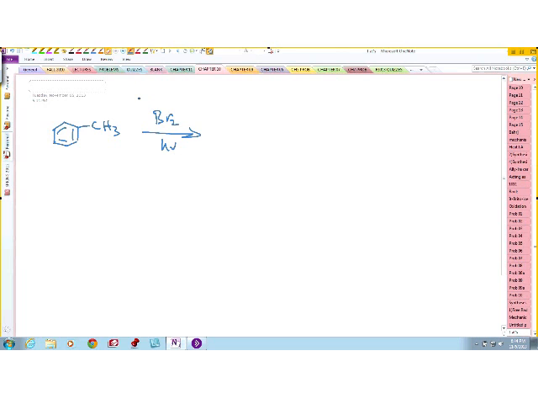I say, give me the reaction mechanism. Two questions here. Give me the product. Give me all of the organic products, and give a mechanism that includes the formation of organic byproducts.